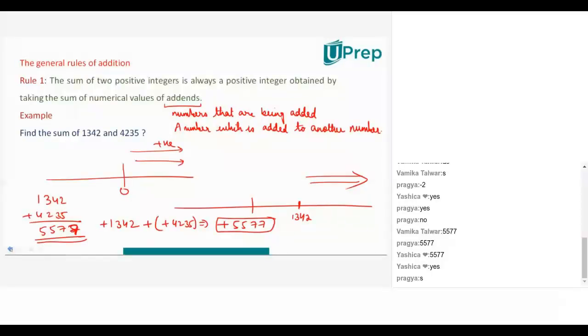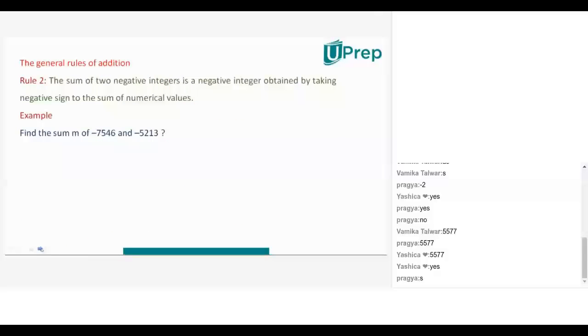So, when we add, we move to the right. So, that's why we will not land on a negative number. We will always land on a positive number. Okay. So when I'm adding 1342 and 4235, is there a chance of getting a number less than 4235 or 1342? No. Now, Neha, is your doubt clear now? Yes, sir. All right, great.